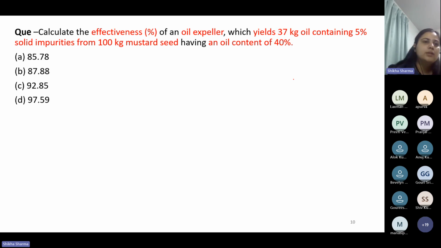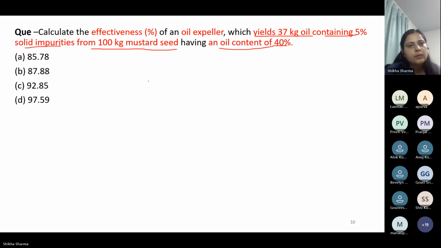Please sit with one paper and one pen so that we can solve this question together. Calculate the effectiveness in percentage of an oil expeller where the yield is 37 kg oil containing 5% solid impurities from 100 kg mustard seeds having an oil content of 40%.